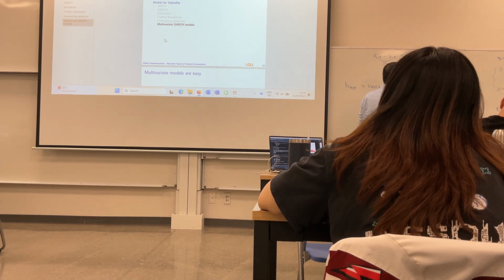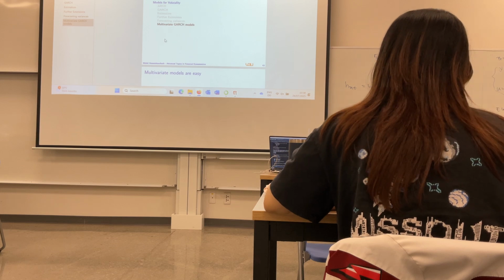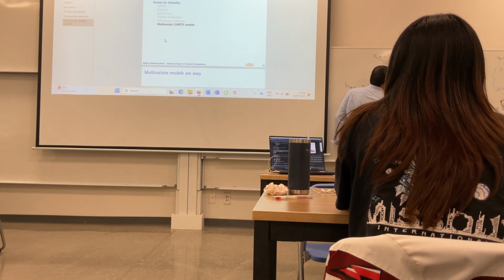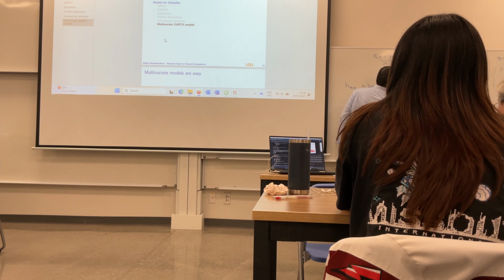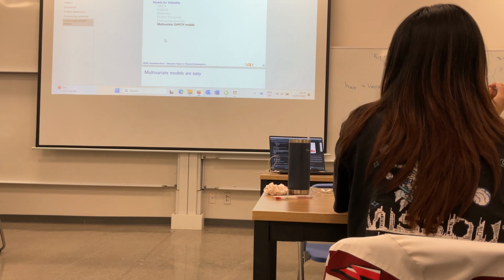So if I want the covariance, let's look at the covariance matrix of y and x. Then there will be sigma x t squared. So we put it in a matrix. Let's say here we have sigma of y at period t squared.